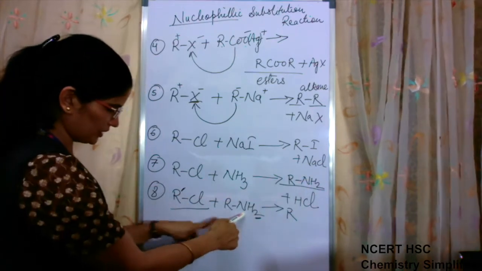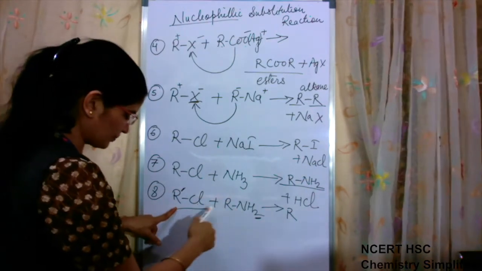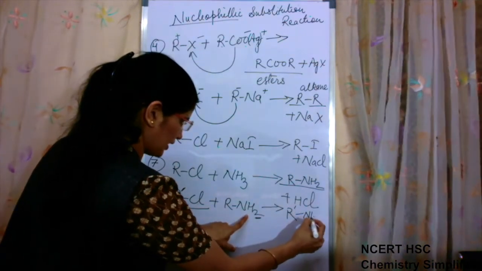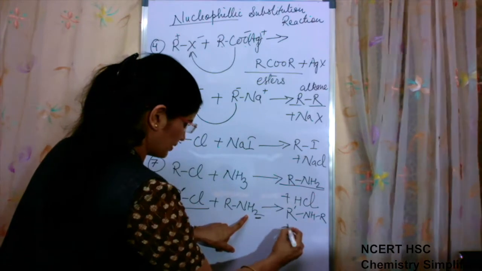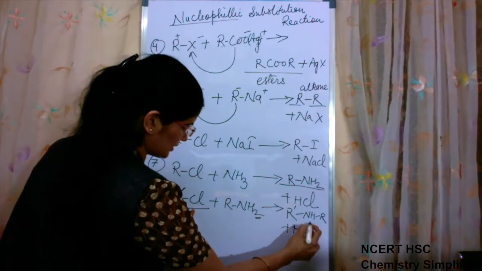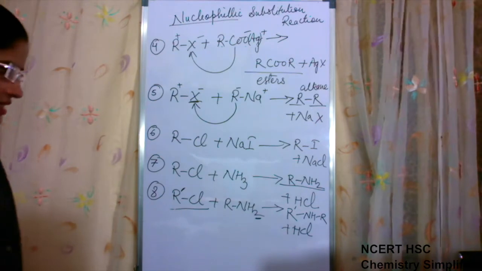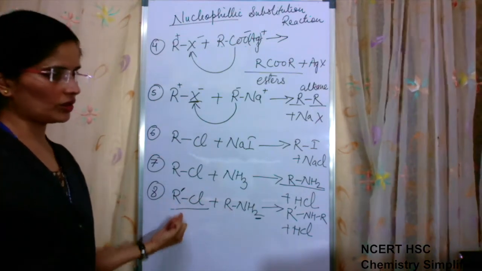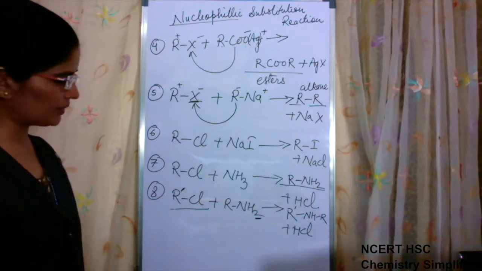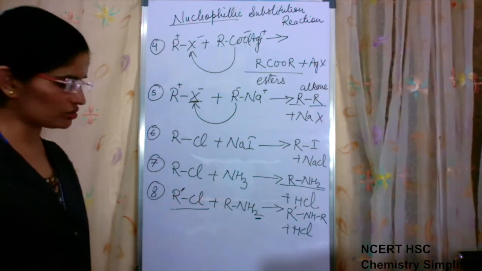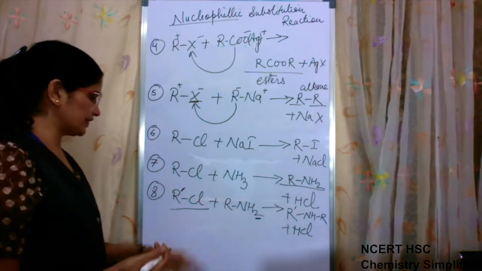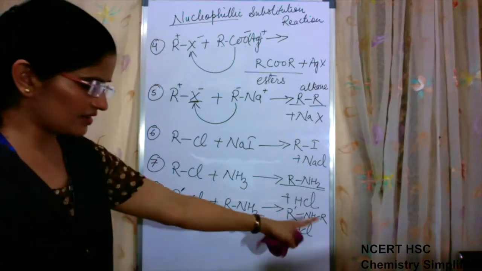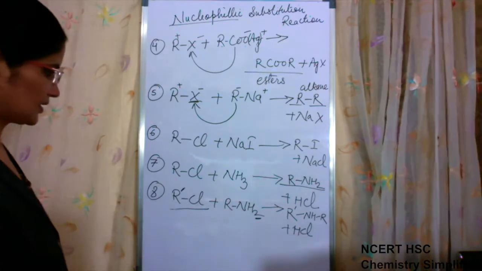RNH2 we have taken from here, new RCl I have taken, then this will be R dash NHR plus HCl. Ma'am, R dash is different from R? R dash is different, meaning just to show that we can use different alkyl groups also, and we can use the same always. The same can be used every time, but it can be different also. Yes, ma'am. So to differentiate, we have taken two. So R dash NHR, this is a secondary amine, plus HCl. Okay.